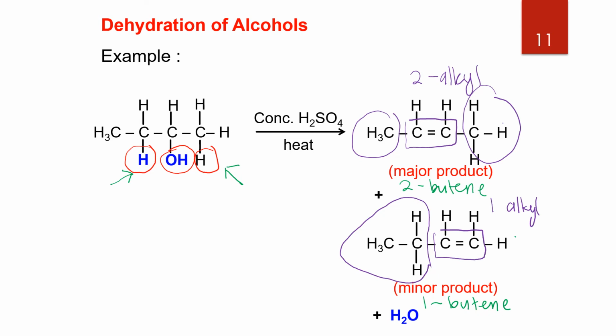According to Saytzeff's rule, the alkene whose carbon-carbon double bond is highly substituted, with a greater number of alkyl groups, is the major product, or is more stable. Thus, in this case, 2-butene must be the major product.